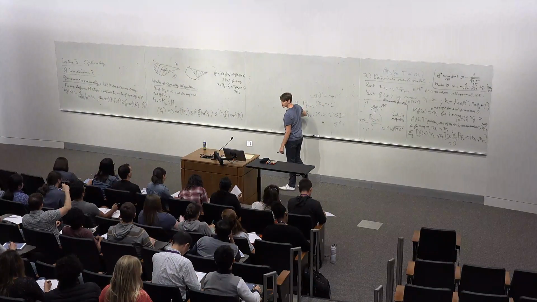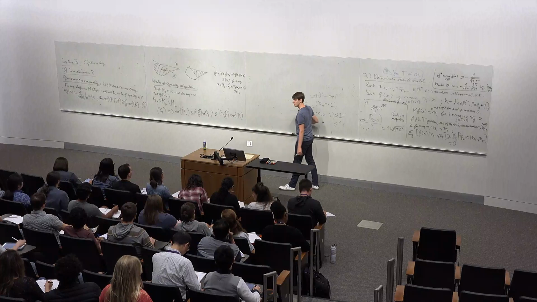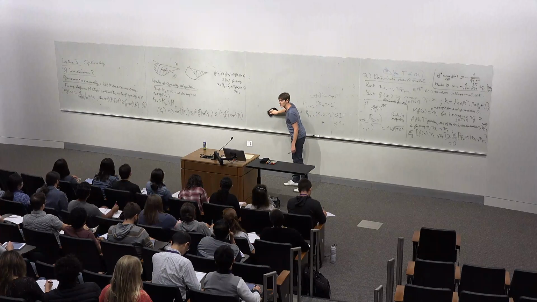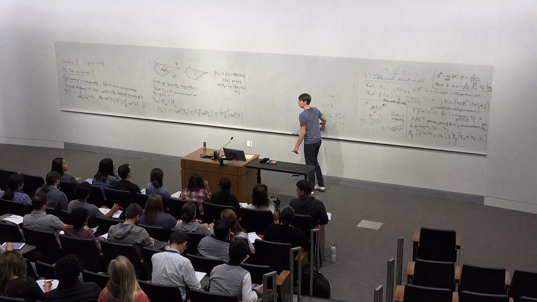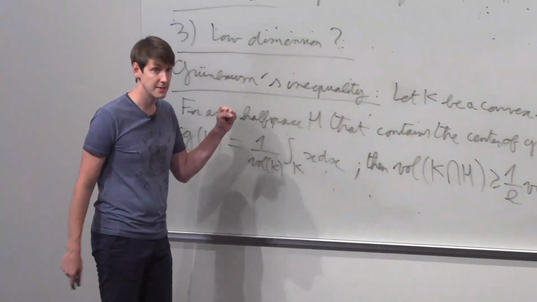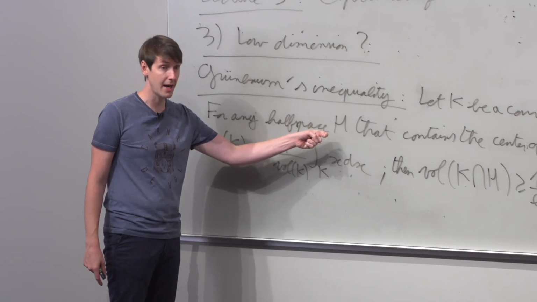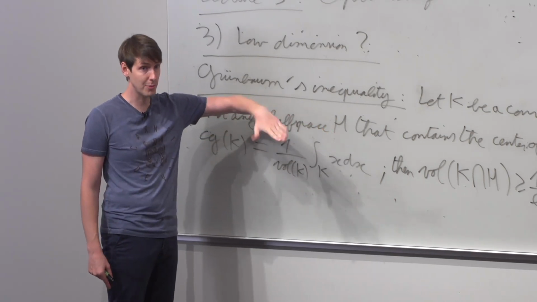So, is Grunbaum's inequality sharp? Yes. That's very surprising, I think. Because I would expect, so 1 over e is less than a half, I would expect that the side of the convex body that contains the centroid has at least half the mass. No, this is for any half space. So it's true for that side, but also the flip.